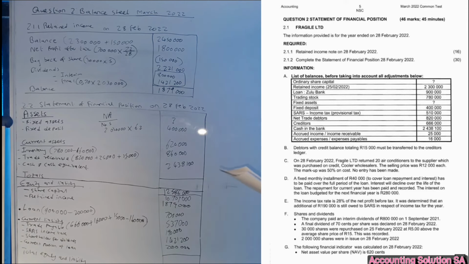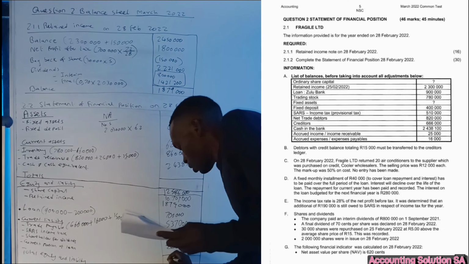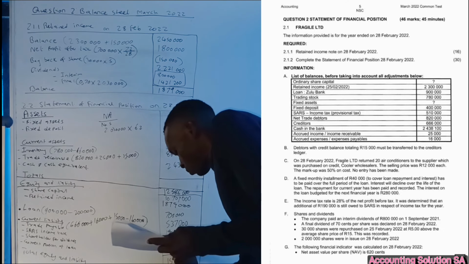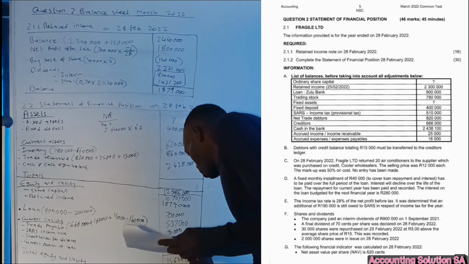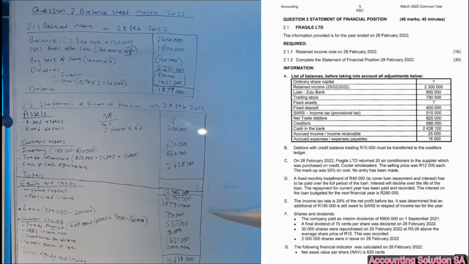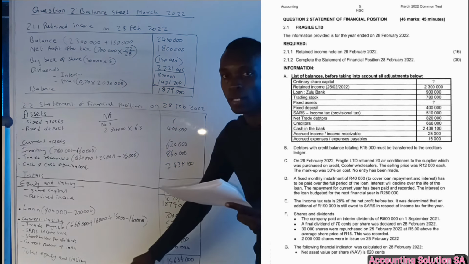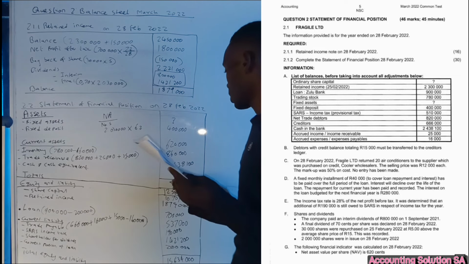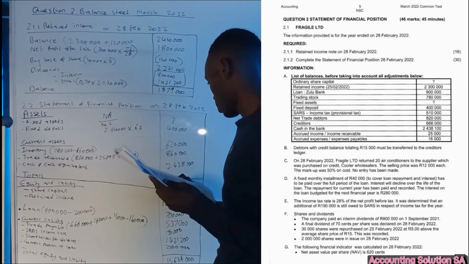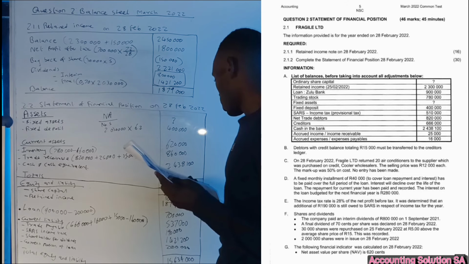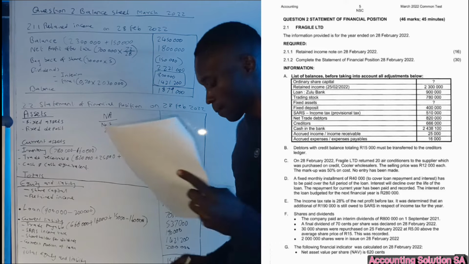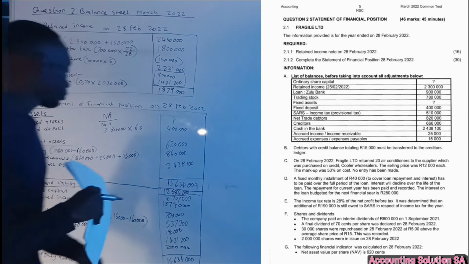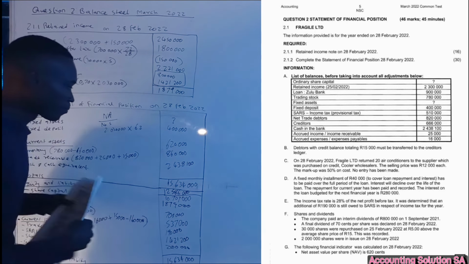Then total equity and liability is going to give us 15,634,000, which means that this balance, total equity and liability, must be the same as total assets, 15,634,000.